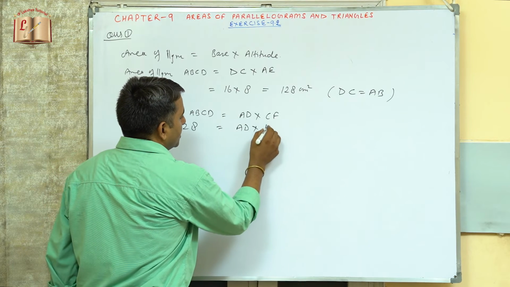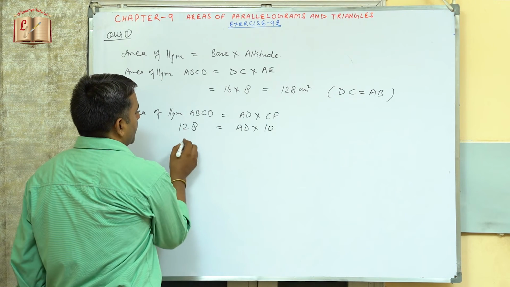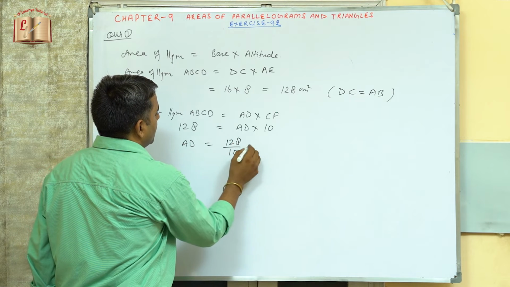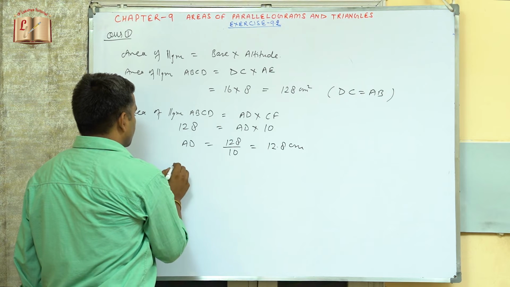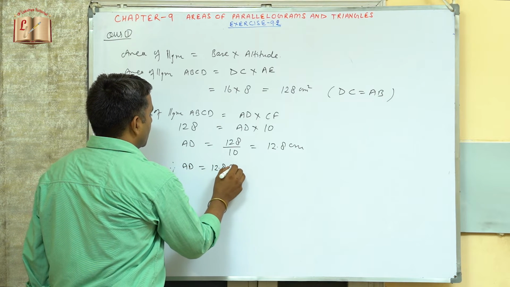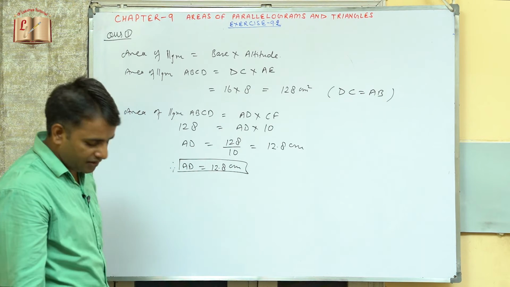CF is already given, this is 10. So now we can find AD. AD will be equal to 128 by 10. So this is 12.8 centimeters. So therefore we got AD, AD is equal to 12.8 centimeters.